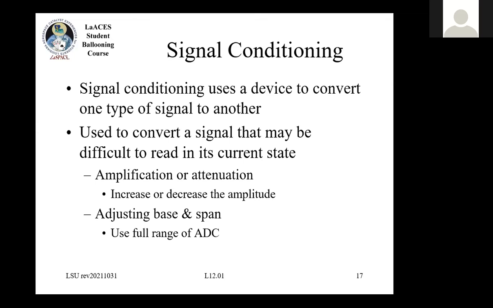We generally want to match it so that we're using the entire or the majority of the range of our ADC. If my signal input is only 0 to 0.1 volts, but my ADC is 0 to 5, I'm not using all 1024 bins. I'm only using a very small portion of it. The way we get around that is we amplify it so it matches better.